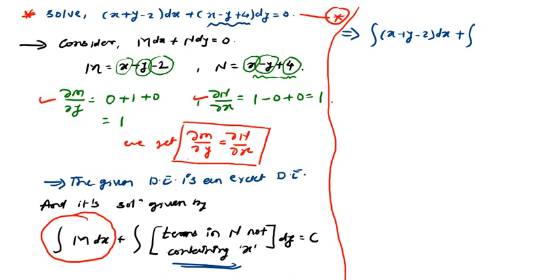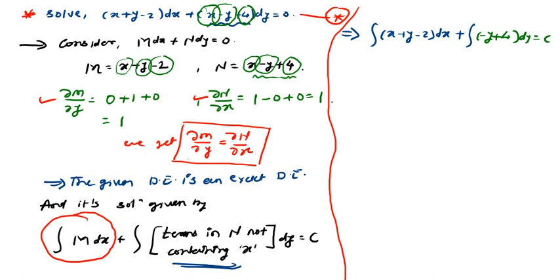We need to get the terms in N, functions of x and y, which do not contain x. In the first term you can clearly see x is there, so we will not take it. In the second term, only minus y is there, so we will take this as minus y. In the fourth term, the constant is there, so we will take the constant as 4, into dy equal to constant.